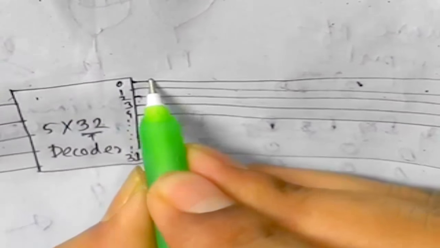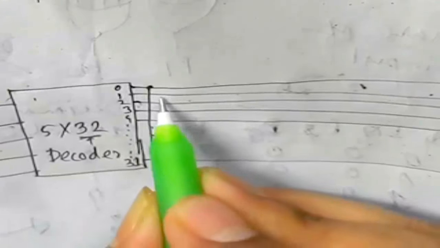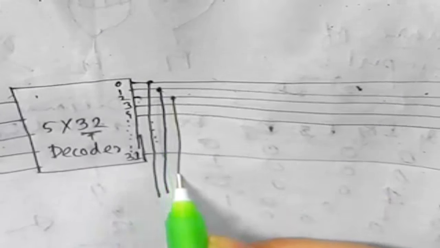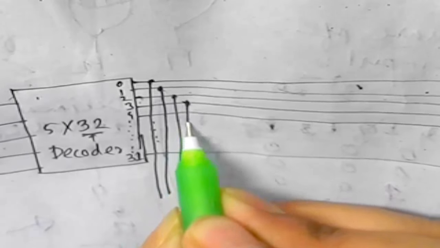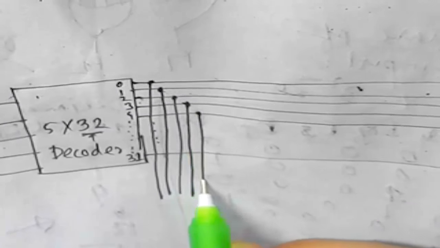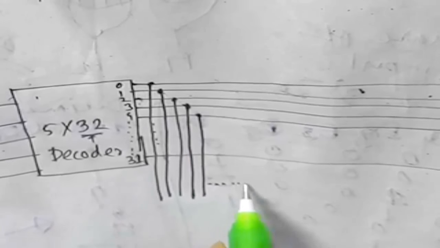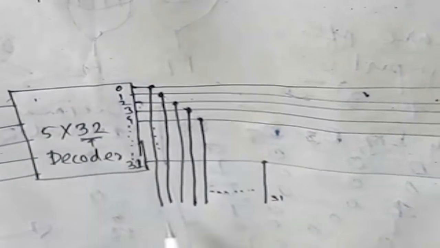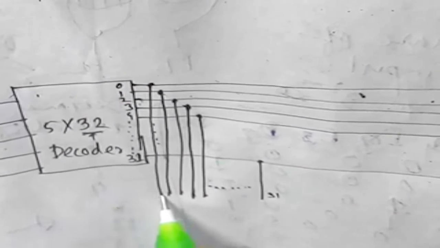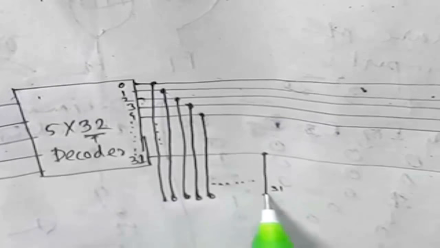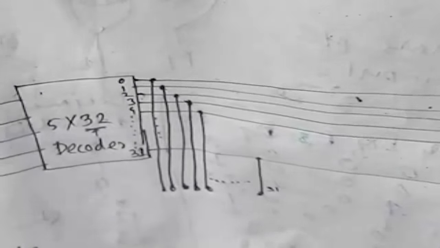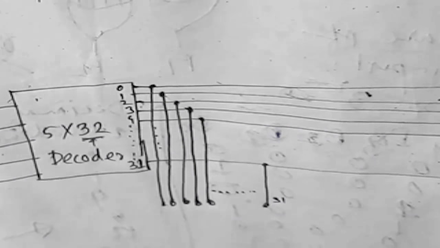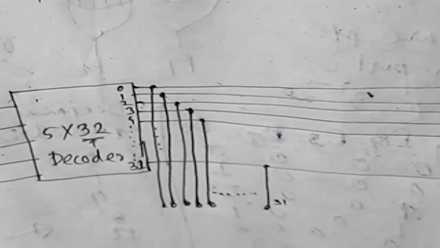and we will connect every wire with every pin, up to 31, let's say. Now we will give an OR gate to connect with this wire.